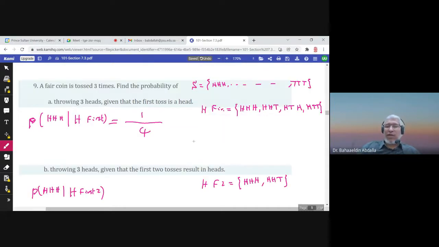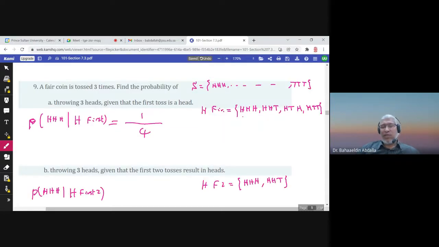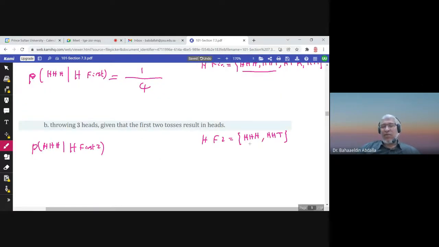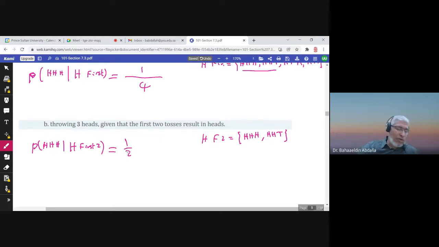We will have only 2 of these results in first 2 heads. So now the probability would be 1 over 2.